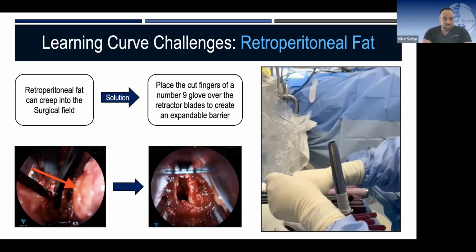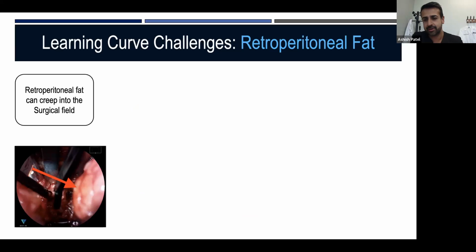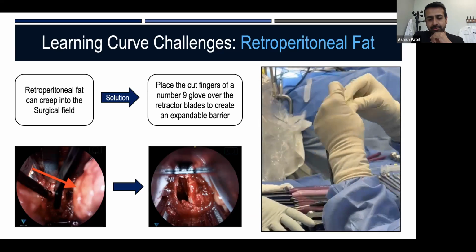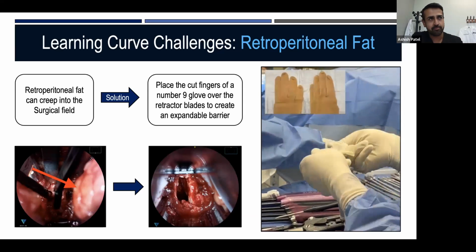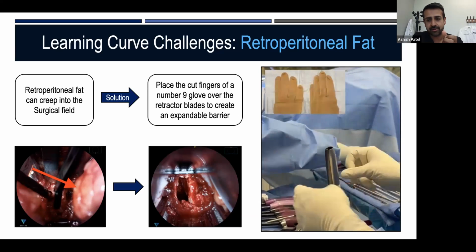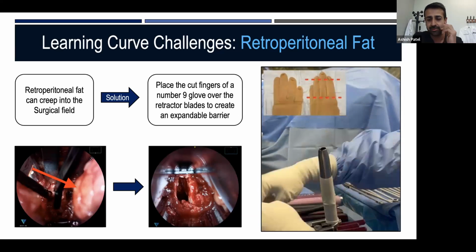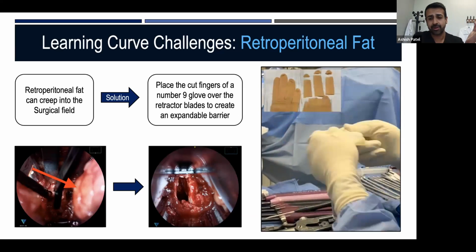It's funny that you said that, because I've suggested a number 9 glove here, and that's at one hospital because it's got the perfect amount of elasticity where as you insert the retractor, it doesn't bunch up at the end of the retractor, and then you don't have that barrier that you really wanted.